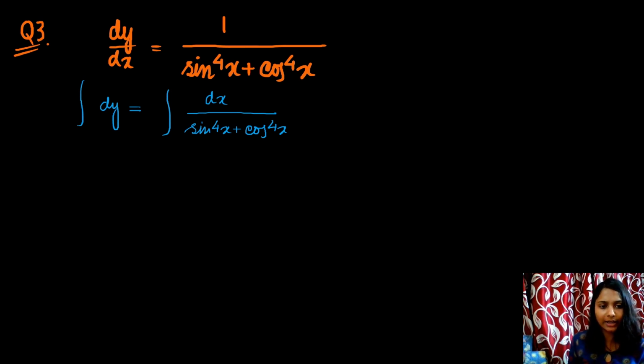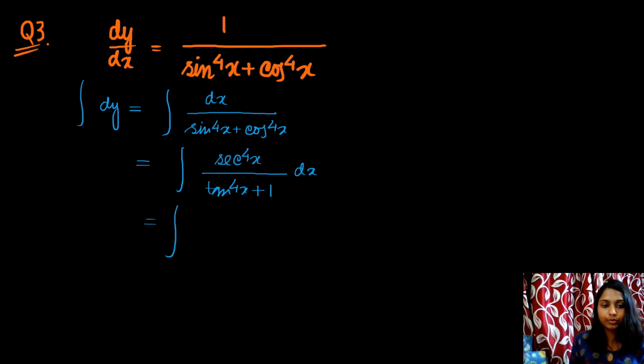What we can do here is divide the denominator and numerator by cos power 4x. It will give sec power 4x divided by tan power 4x plus 1 dx.